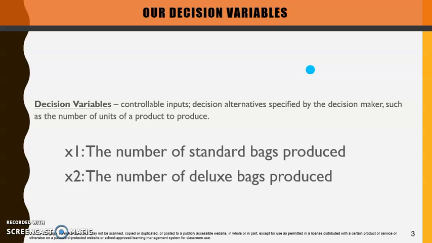Let me give you some sort of help to recognize the decision variable more easily. Decision variables are that part of the problem that you want the system to tell you about. For example, when you are using your GPS in the car, what do you expect from the GPS?